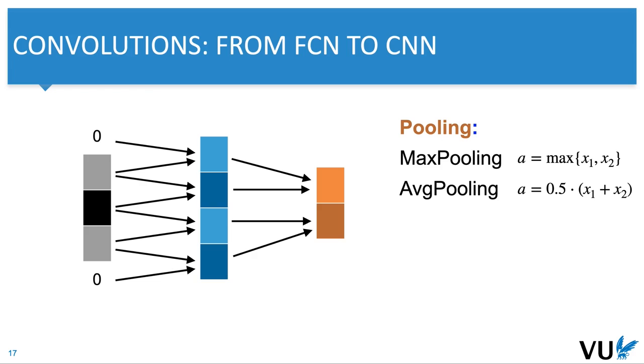We just pick the maximum element, or we average all elements. Okay, so this is how we create the output of a pooling layer.